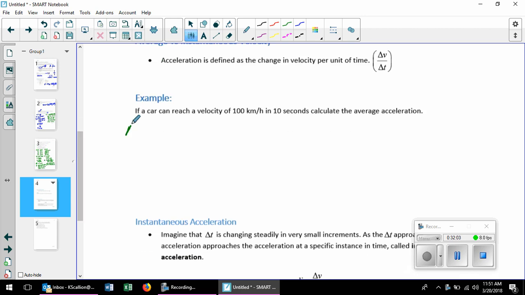So, change in v over the change in t. My first coordinate pair, what would be my first coordinate pair in regards to velocity and time? 0 and 0. What's my second coordinate pair?